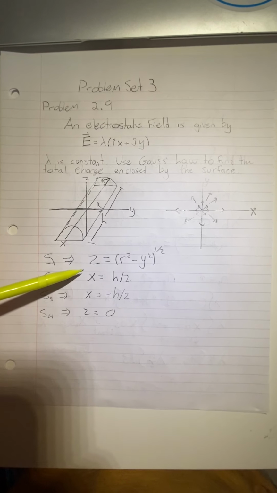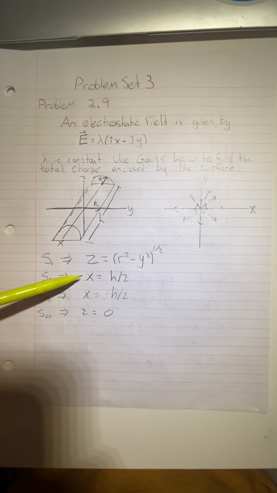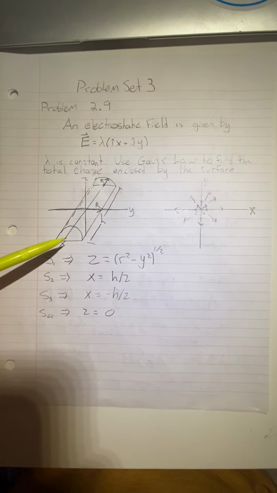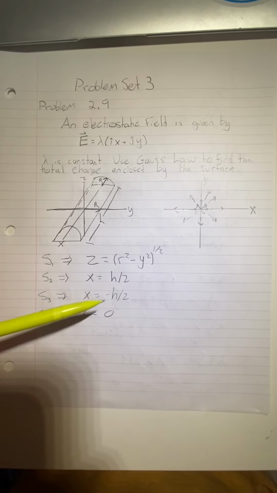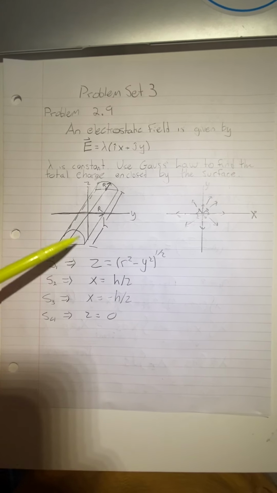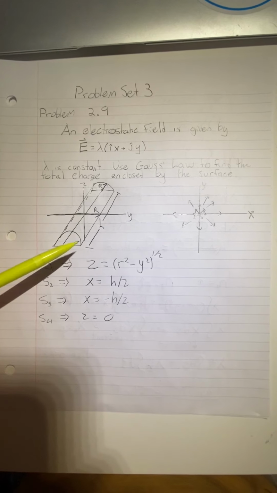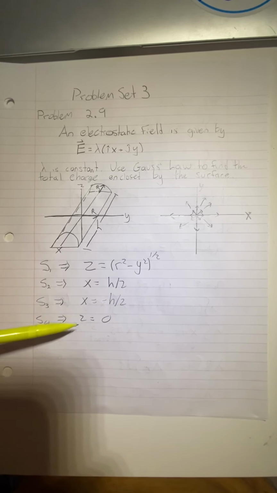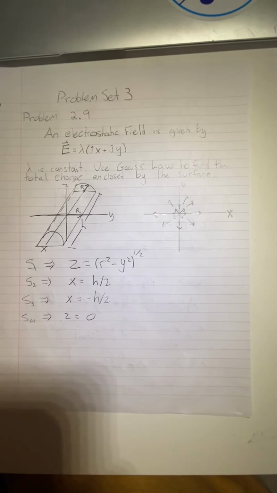Those are just described by the x value where they sit. The first one sits at x equals h over 2, and the other one at negative h over 2. And the final surface is this surface number 4, and that is at z equals 0.